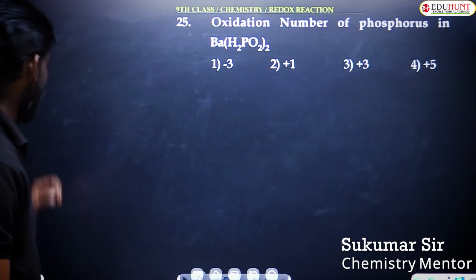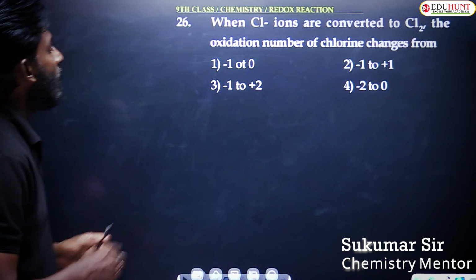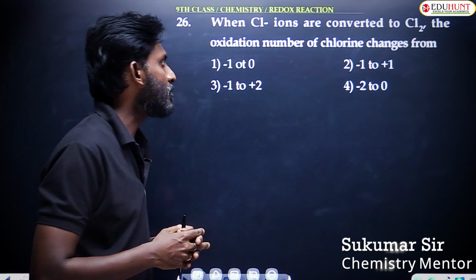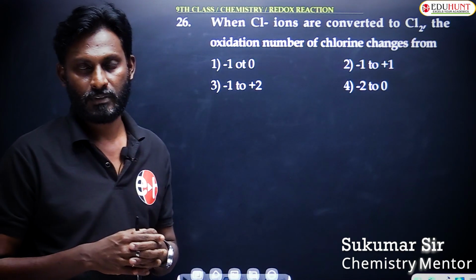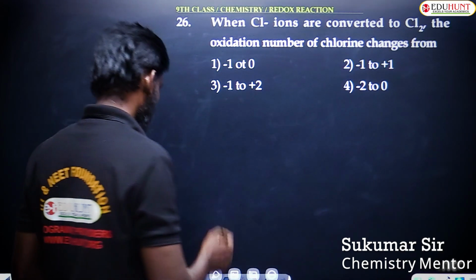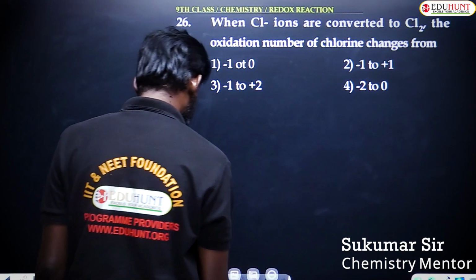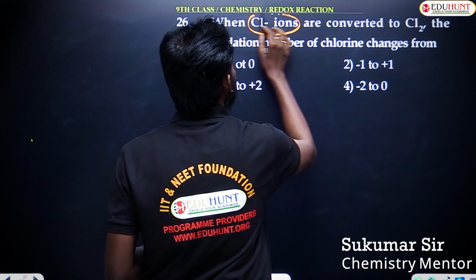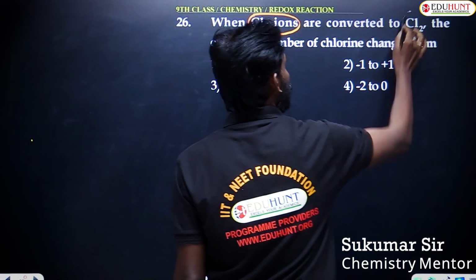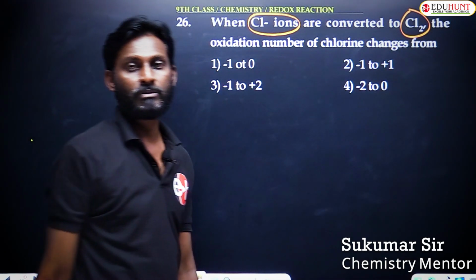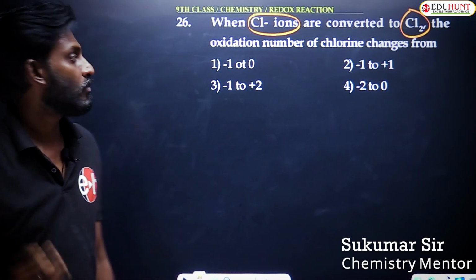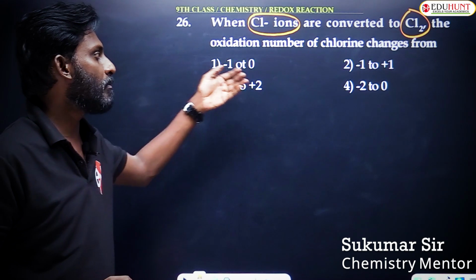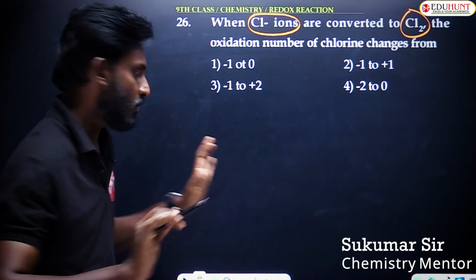Now question number 26. When Cl minus ions, chloride ions, are converted to Cl2, the oxidation number of chlorine changes from... this is the question.